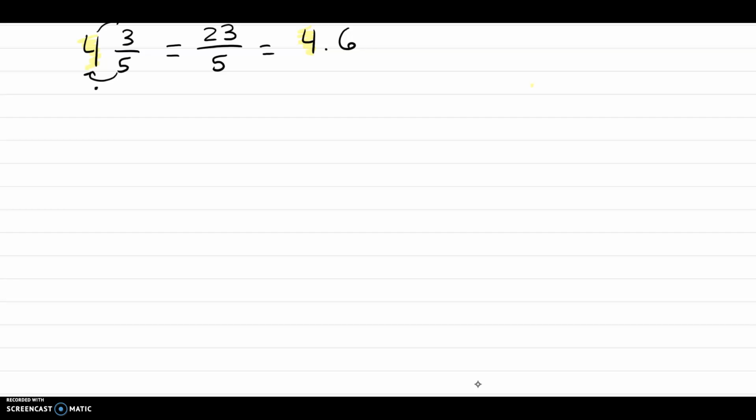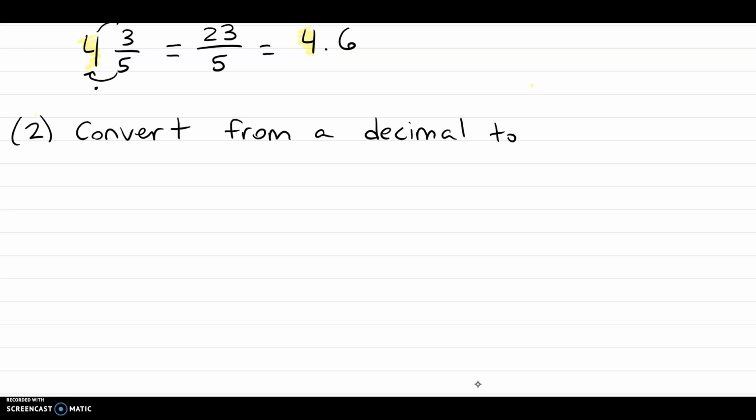All right, now let's look at going from a decimal to a fraction. So we're going to convert from a decimal to a fraction.